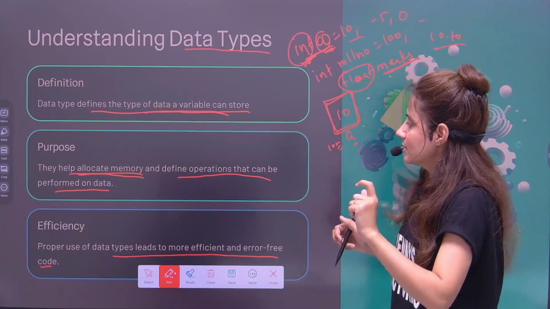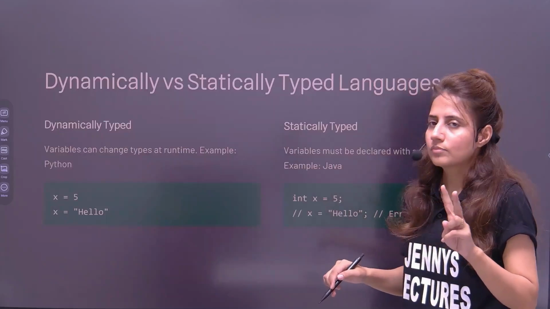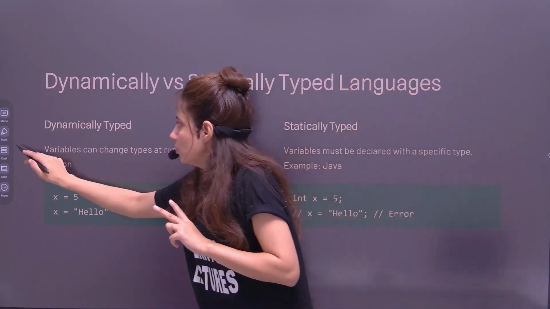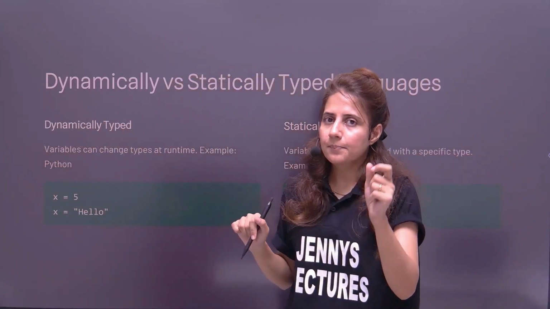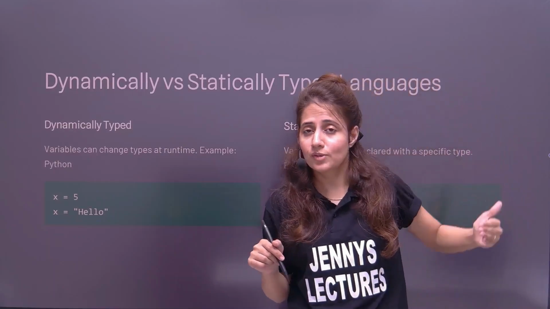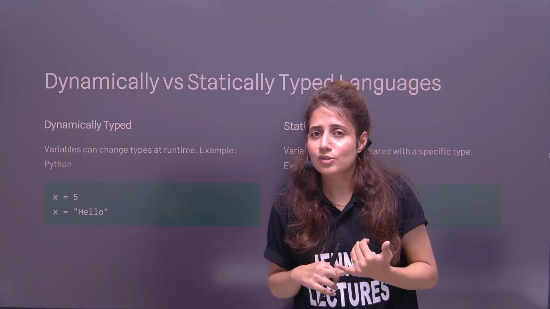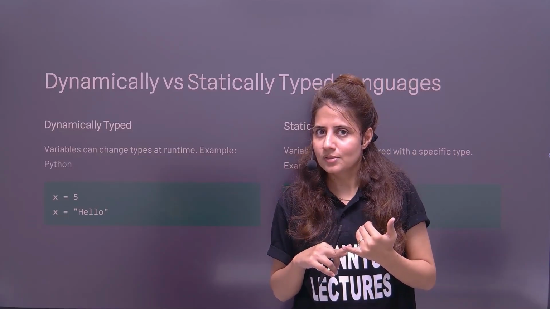Now we will discuss that in Java we basically have two types of data types, but let me first discuss one more concept before going further. You have heard about two concepts: dynamically typed languages and statically typed languages.